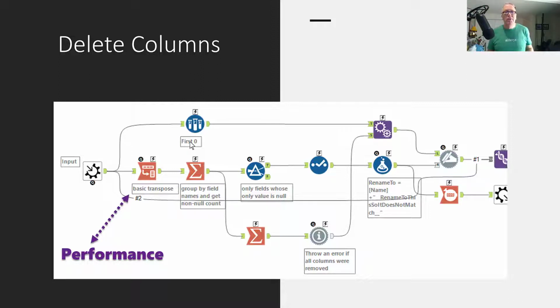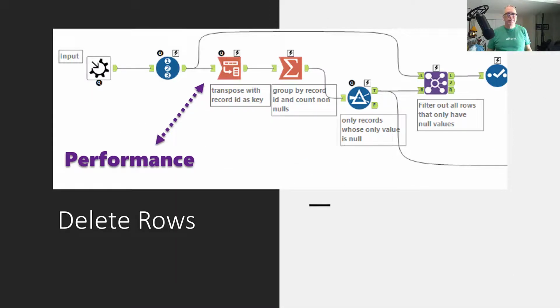And you're going to put those 100 million records into a summarize. That's a lot of data. When you're working with large volumes of data, this is going to be a performance hit for you. It works tremendously well with small sets of data, but we're going to want to rethink the deletion of columns logic.